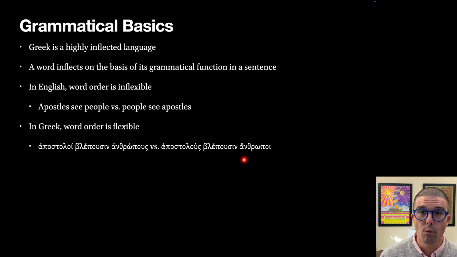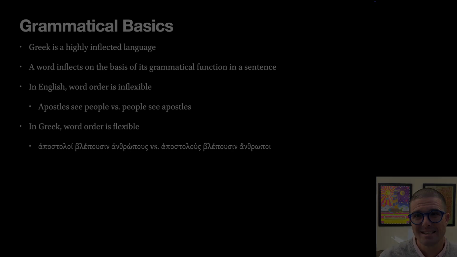If you have the same words here, apostolus, notice we have a different ending here. We'll talk about those endings in a little bit. Apostolus blepusen anthropoi, this one means people see apostles, but you could have either one of these as sentences meaning two different things because the meaning or the function of each word is dependent not solely on word order, but largely upon the endings of those particular words, indicating what they are doing in the sentence.